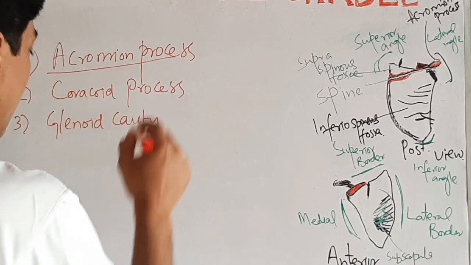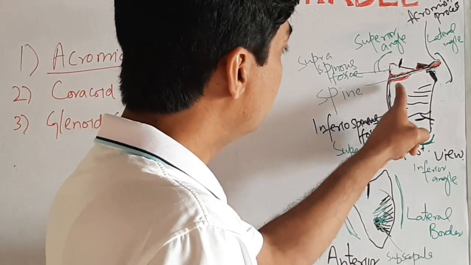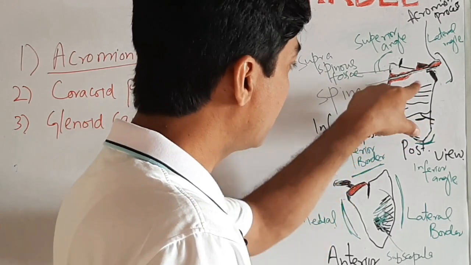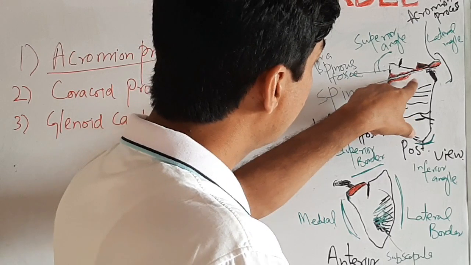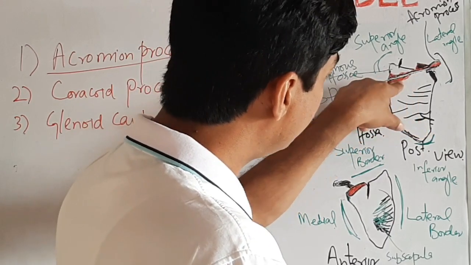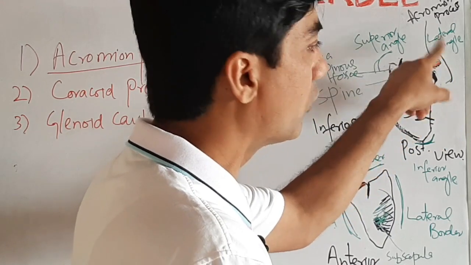The first one is the acromion process. When we look posteriorly, there is a transverse ridge called the spine, and an extension of this spine is a plate-like structure called the acromion process.